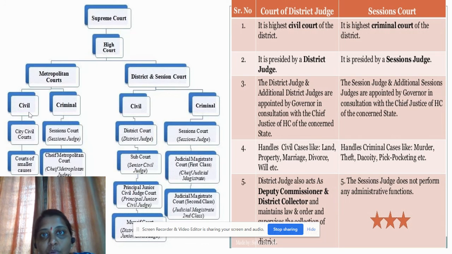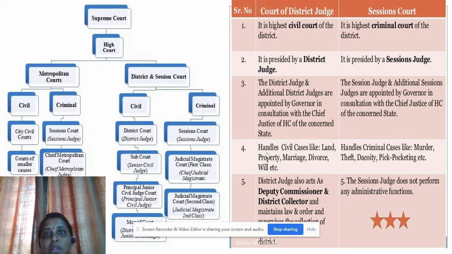All these cases go to the criminal court, the district judge, and the sessions court. The district judge court is the highest civil court, and the sessions court is the highest criminal court. It is presided over by a sessions judge.